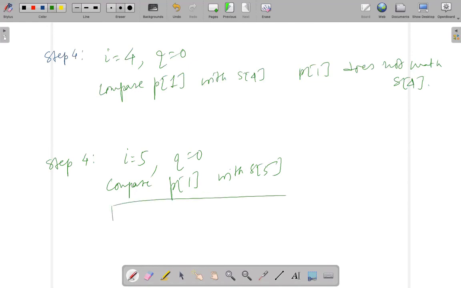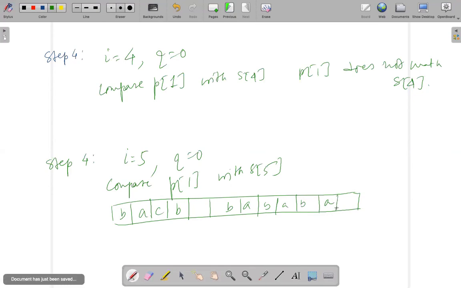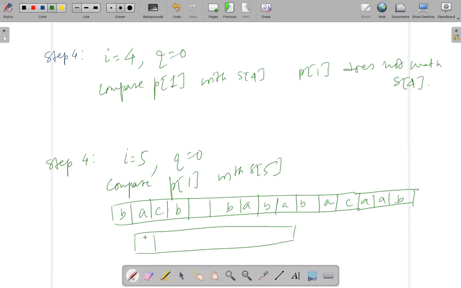So now the condition of the two strings are as follows. So at step 5, we again find a match.